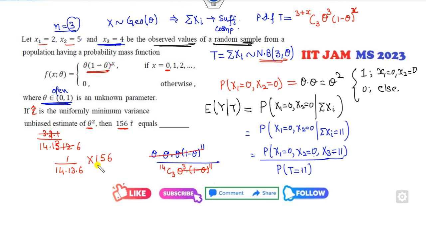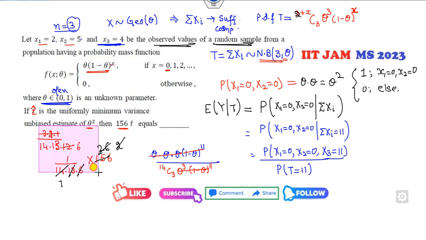So can you get the answer? 6 into 2 is 12, 36 is my 2. Then it will be my 1 over 7. Is it true? You can check it. Oh sorry, it's a negative binomial, so it will be my n minus 1. Okay, it's my 2. Fine, the rest is fine.